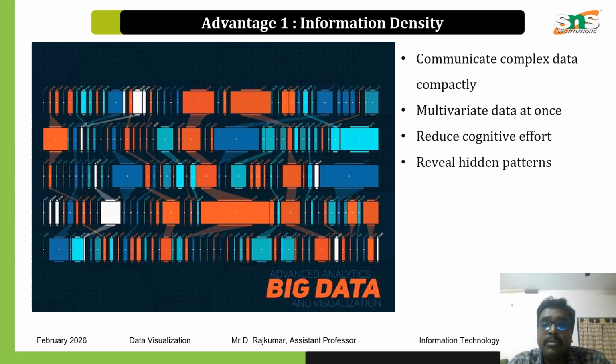It also helps us display multivariate data at once to multiple sections of audience, even if they are of diversified patterns. It also helps us reduce a lot of cognitive effort in making people understand.